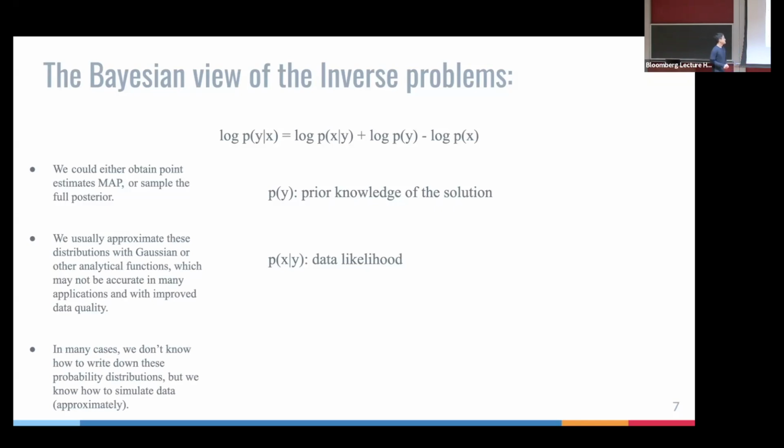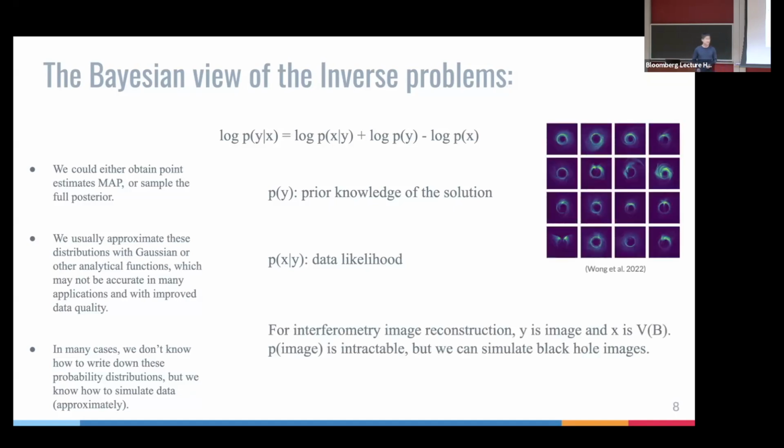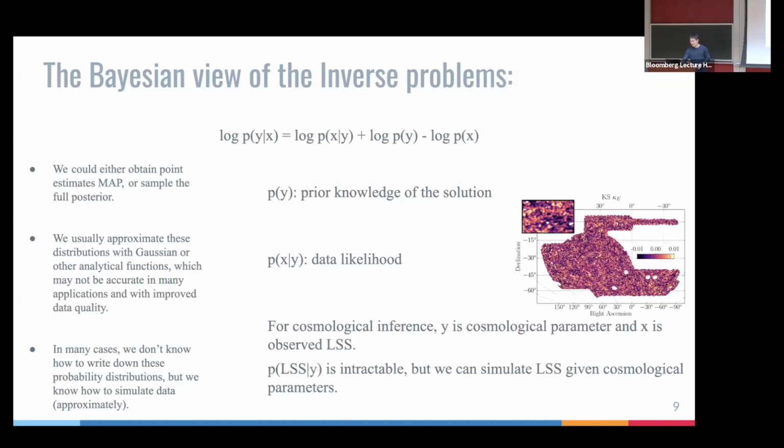In many cases, we don't really know how to write down these probability distributions, but we know how to simulate the data, at least approximately. For example, in the image reconstruction from interferometry, we don't know the prior of all the black hole images, but we know how to simulate them.